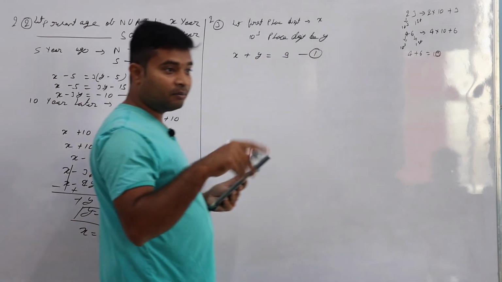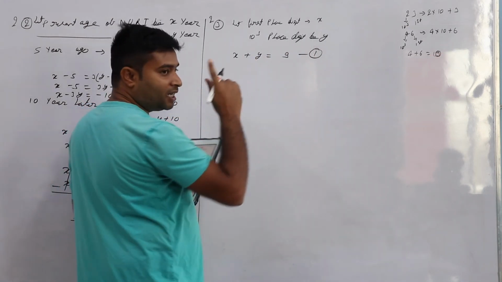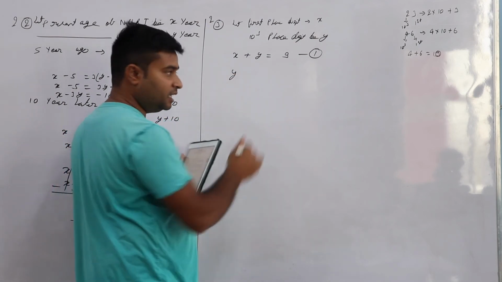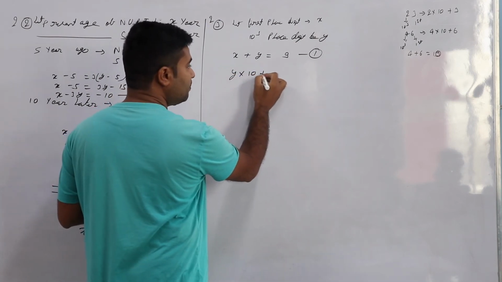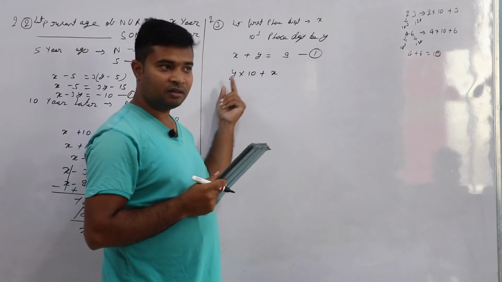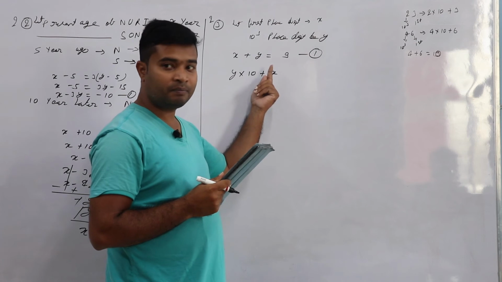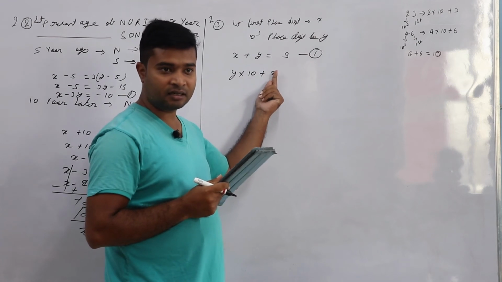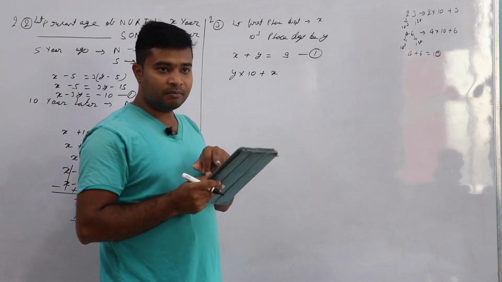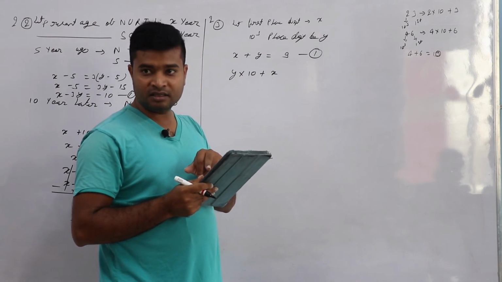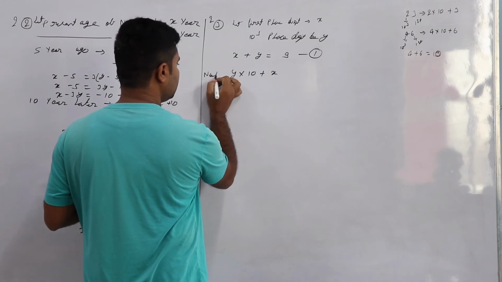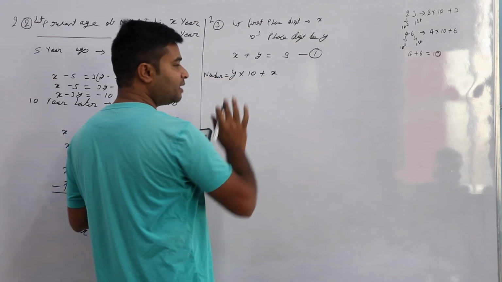The number in the tens place, y, into 10 plus x. Tens place into 10 plus first place. So our number is equal to 10y plus x.